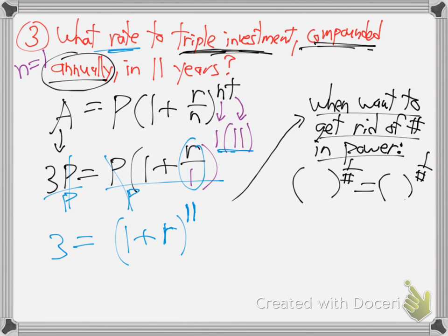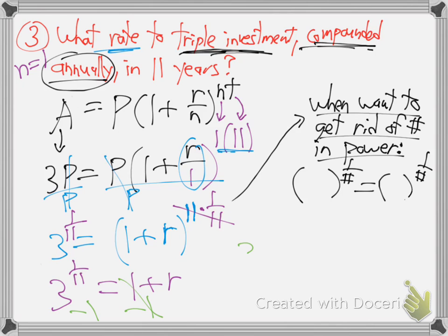So I'm going to do that. 1 over 11 on this side and 1 over 11 on that side. These cancel, so you get 3 to the 1 over 11 is 1 plus r. That gets rid of that 11 power. And then you can finish up by subtracting 1 from both sides. These cancel, so we get 3 to the 1 over 11 minus 1 equals r.